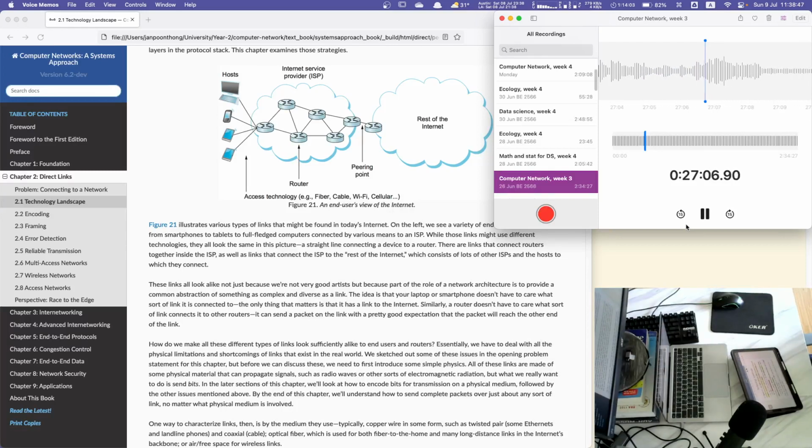Routers send the data packet to the link, expecting the packet to be delivered. From the router, it goes to the ISP, the internet service provider. From this router, it will go to the next router, depending on the data packet and the algorithm. It doesn't care what type of connection is between two routers. It may be cable, fiber optics, or Wi-Fi, we don't know, okay?